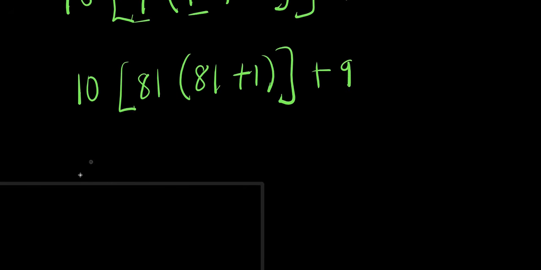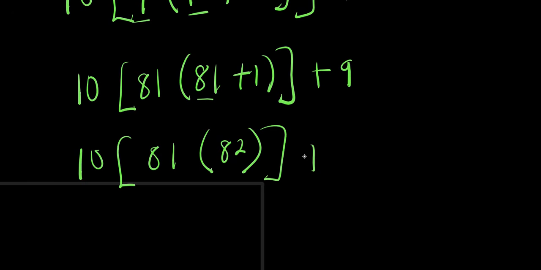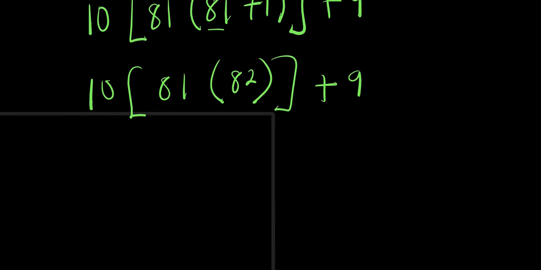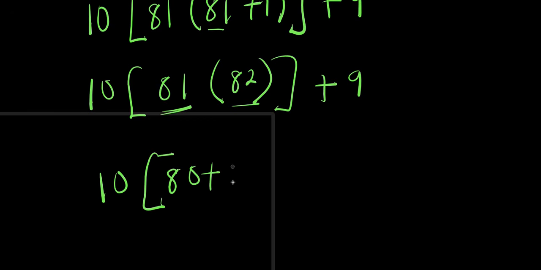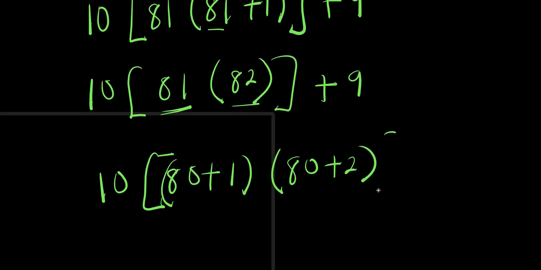So from here, we have 10 times 81 times 81 plus 1, 82, plus 9. So from here, I have 81 times 82. I have 10 times, I can express this as 80 plus 1 times 80 plus 2, that is 82.